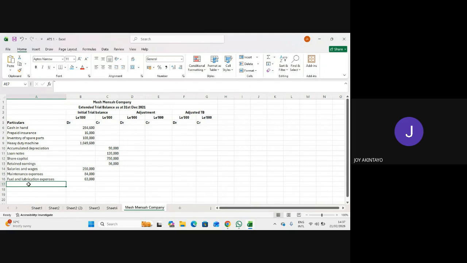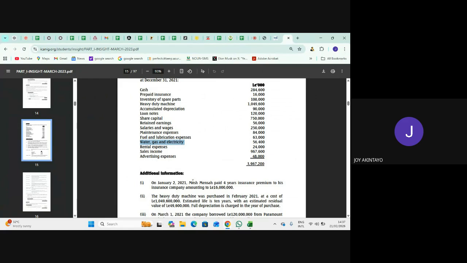Where are we putting it? Debit side or credit? And you state the reason. Debit side.